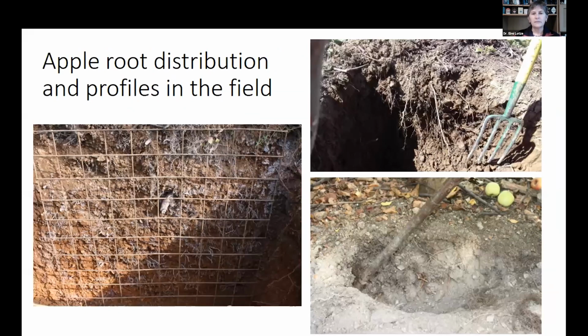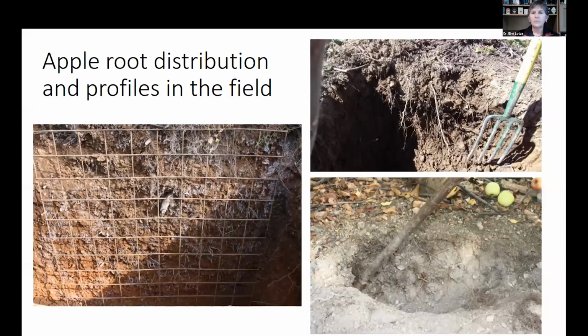Initially, I worked predominantly in apples, and this shows you some of the physical aspects of looking at an apple tree root system. On the left-hand side, I always use a destructive study to get an idea of the two-dimensional idea of what the roots look like. And this is a distribution of a 1 meter by 1 meter pit that we dug to show the distribution of a bearing apple tree.